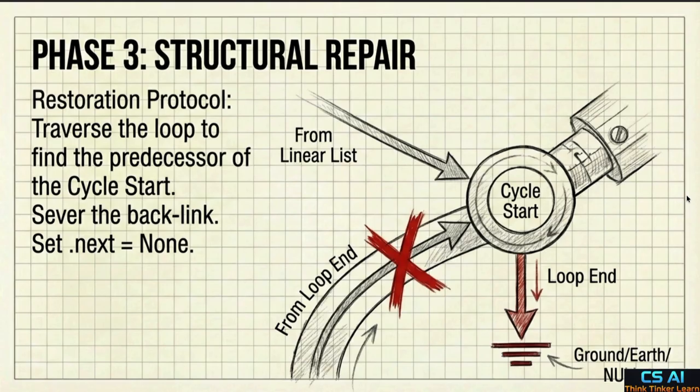Once found, we sever the backlink by setting its .next equal to None. This effectively grounds, or earths, the loop, turning the infinite cycle into a properly terminated linear list. The diagram shows the arrow from loop end being severed, pointing to null, thus restoring linearity.